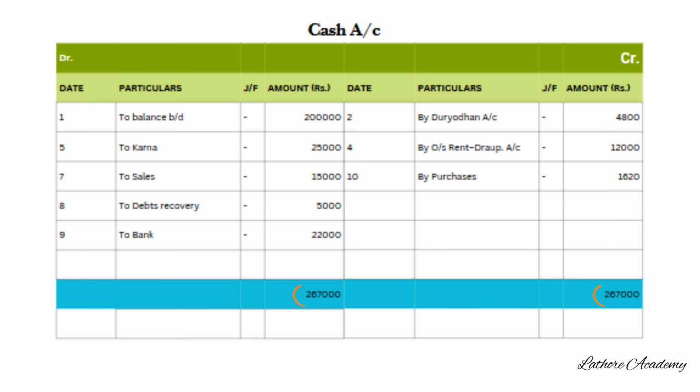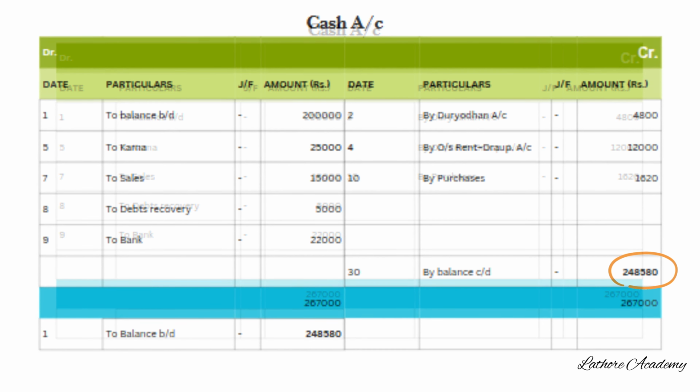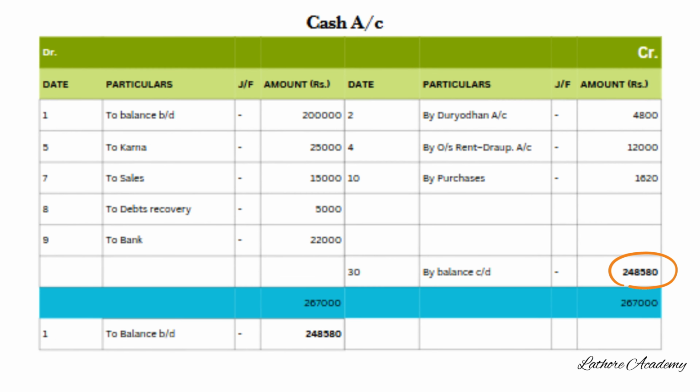In this case, the debit side total is more than the credit total, so 2,67,000 has to be written on both sides of the total, and then obviously it will show the balancing figure on the right hand side, that is the credit side, as 2,48,580.